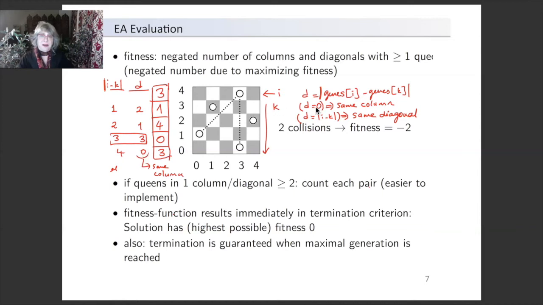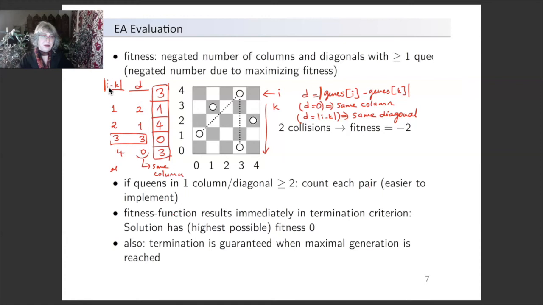If D is equal to 0, this means that the queen in row I and the queen in row K are in the same column. And if D is equal to I minus K, in that case, it means that they are in the same diagonal.